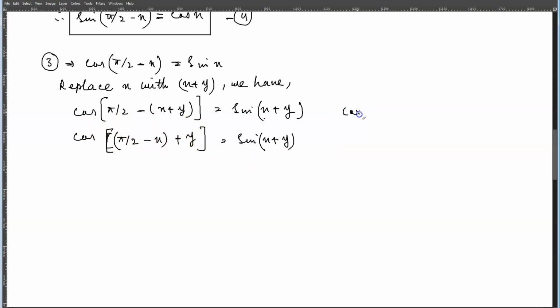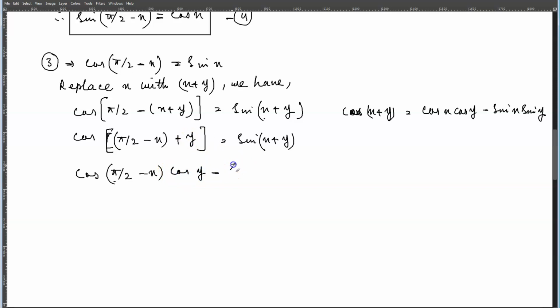We said that cos of x plus y is equal to cos x cos y minus sine x sine y, which means that I can write this as the cos of pi by 2 minus x, cos y, minus sine of pi by 2 minus x sine y, right?